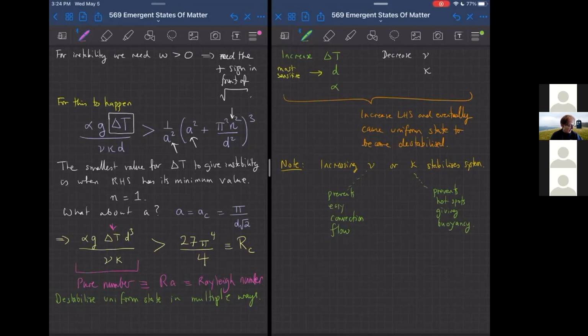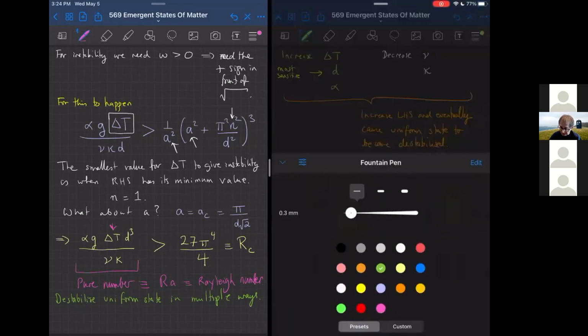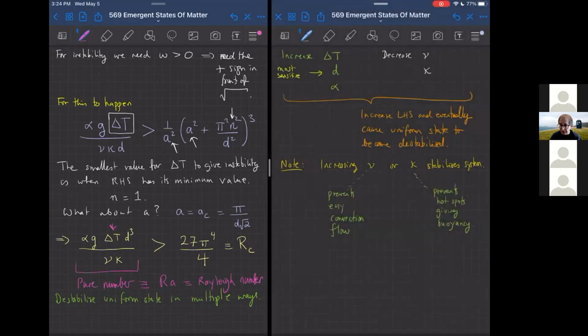Okay, so we can see then that there's two numbers that describe this system. In summary, patterns form when the Rayleigh number exceeds a threshold.